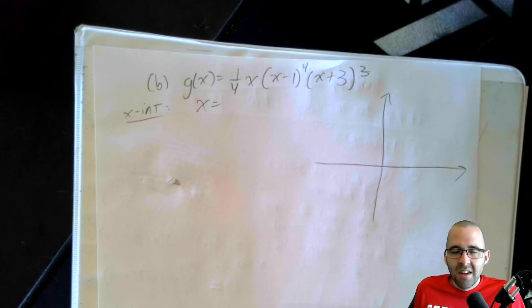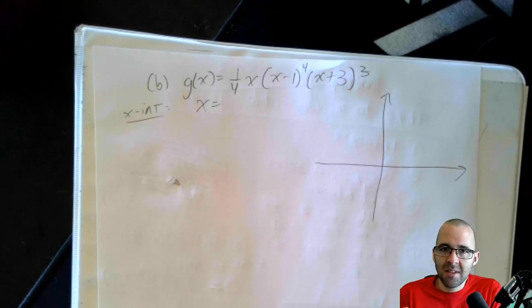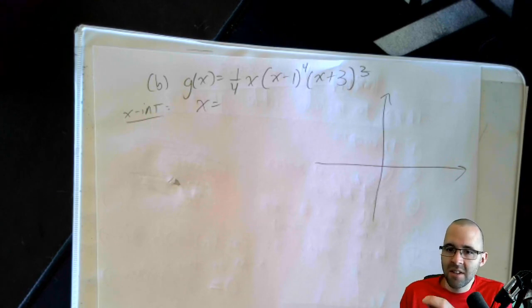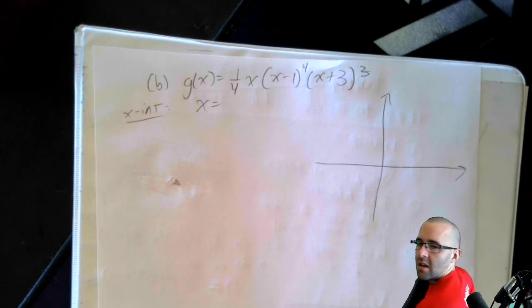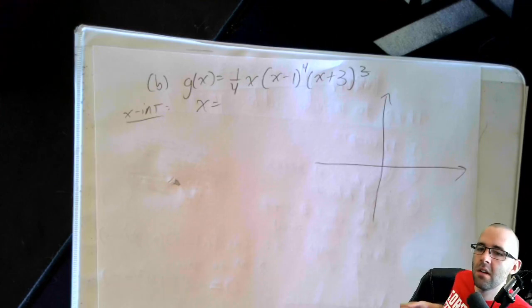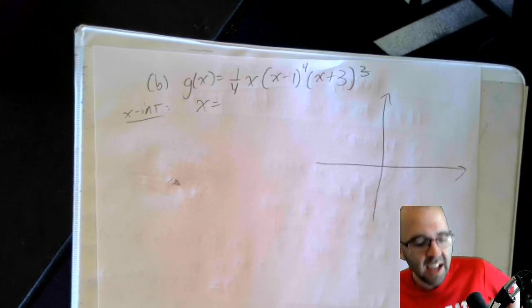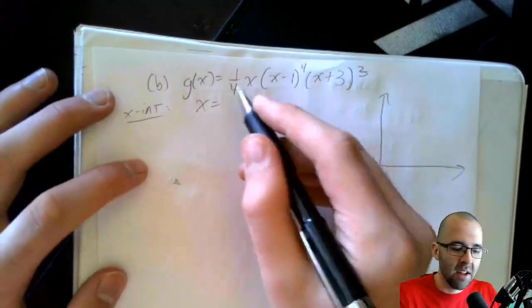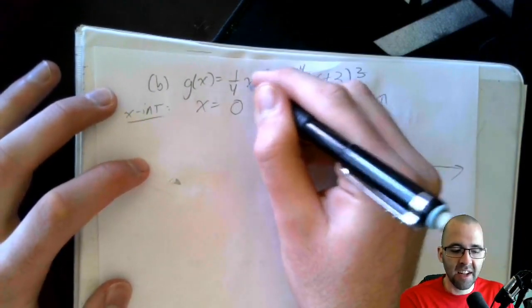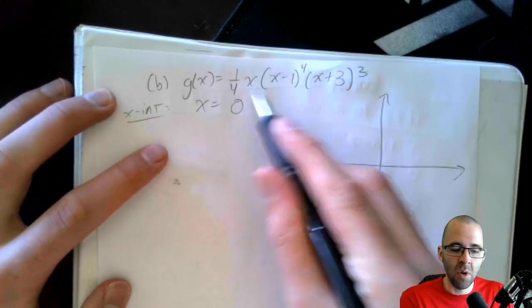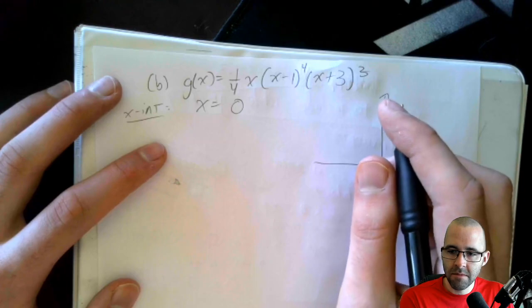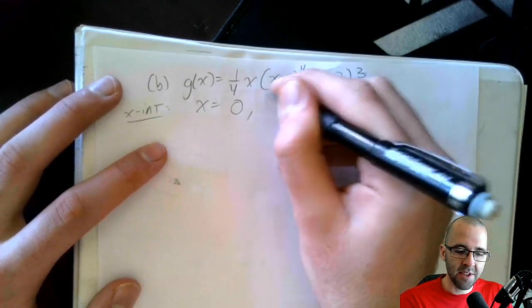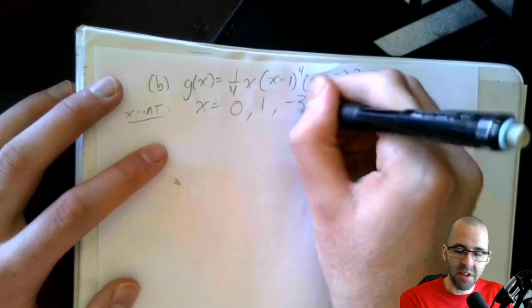Sometimes it's 0, sometimes it's not, and there's a distinction that we slightly talked about. The answer is yes, because there's an x right here, there's a 0 at 0. Because there's an x out in front, if x is 0, this whole thing gets multiplied to become 0. X equal to 1 is also a 0, and -3 is also a 0.